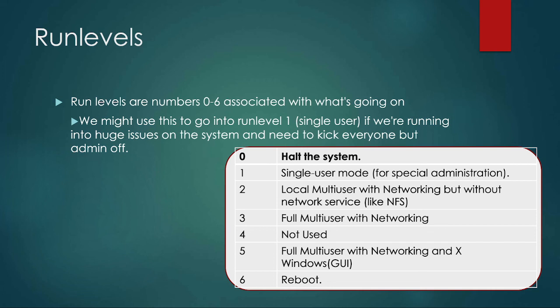So if we have run through all of our other troubleshooting steps, and we don't necessarily want to take down the entire server for whatever reason, we can go into run level 1 single user mode, and then we would be able to try to figure out what's going on in the system. So that's the step that we can take before just shutting down the entire system. But because you will be booting everybody off, from their perspective, it's a shutdown. So just be a little judicious about when you use that.